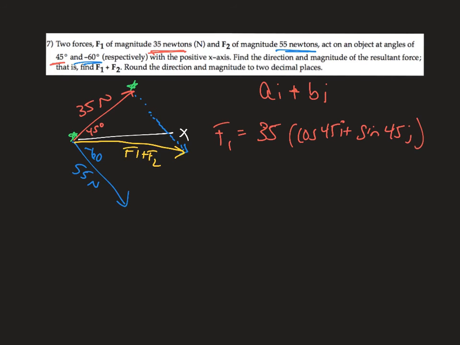Okay? And I just work with decimals, guys. Just run everything through with decimals because it's actually a little bit easier. So 24.75 i plus 24.75 j.